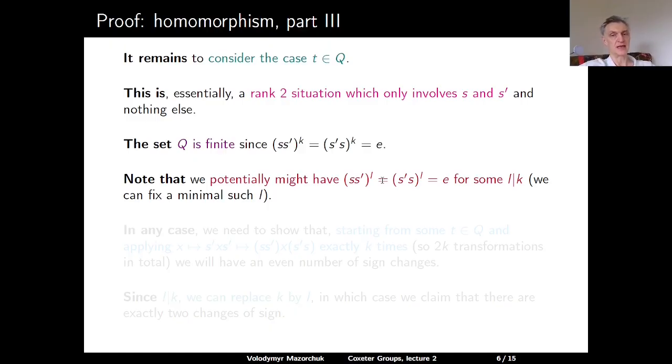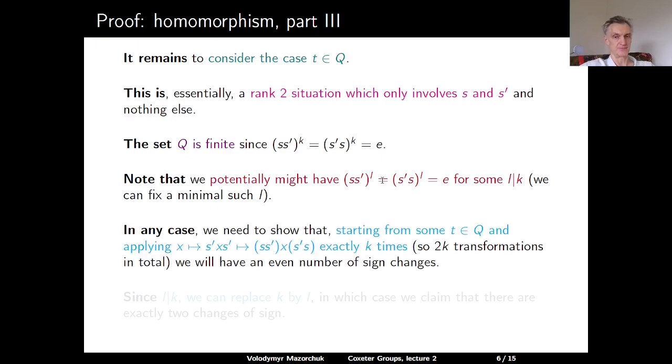So let us fix L as a minimal number such that (s s prime) to the power L is equal to the identity. So what we need to show is that starting from some t in Q and applying our transformations, we conjugate by s prime, then by s, and then again by s prime, by s, and so on. And we do it k times for the pair, so 2k transformations in total.